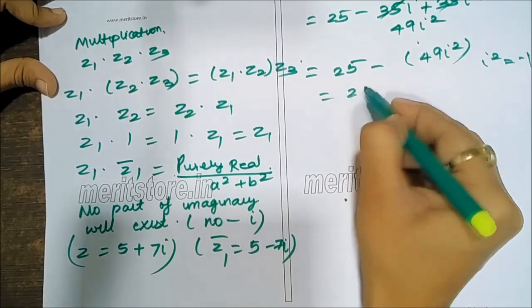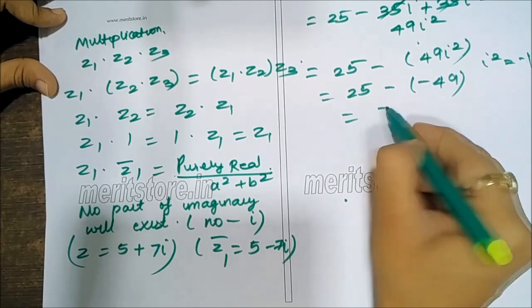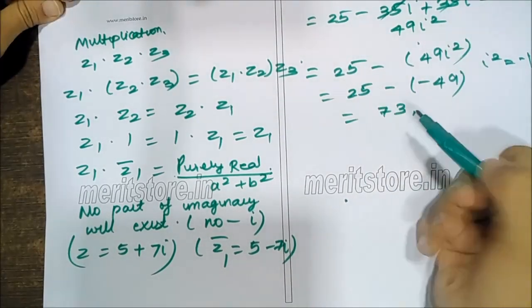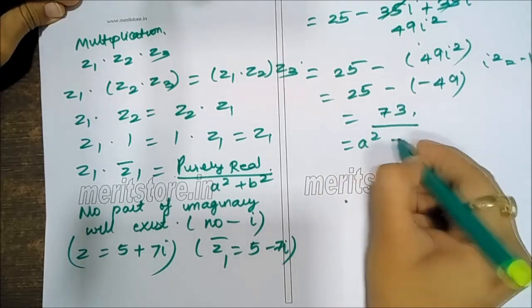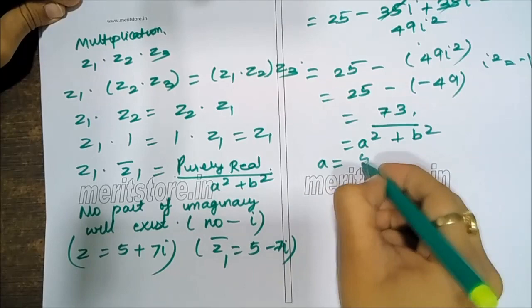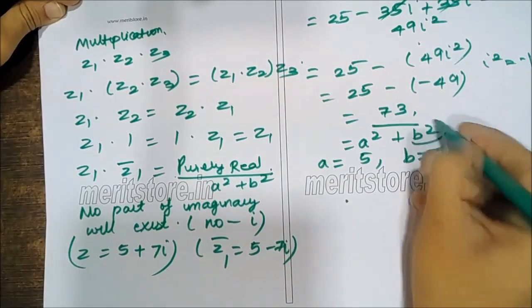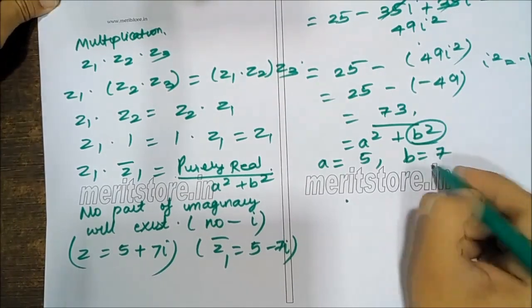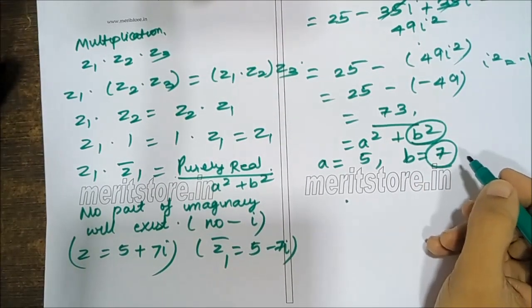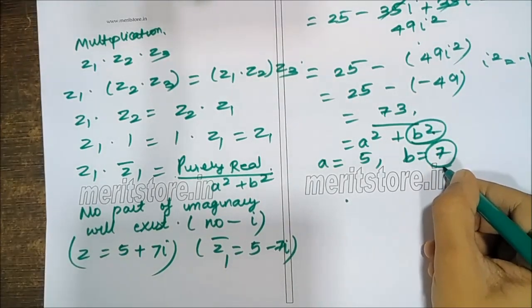So 25 minus of minus 49, that is 74 is your answer. So what happened? You are taking a square plus b square. Here you saw a was 5 and b was 7. Now when I am taking square, whether b is minus 7 or plus 7, your answer for square will remain positive. So here it doesn't make a difference.